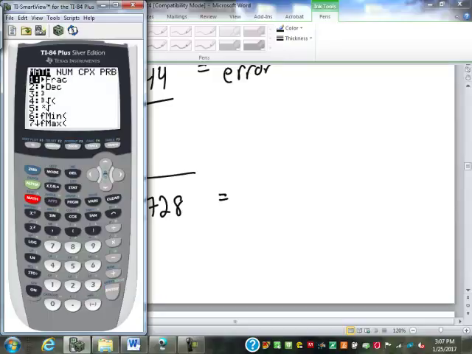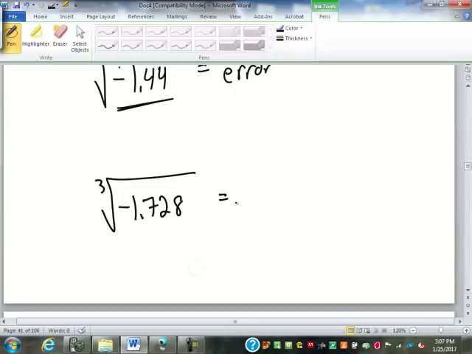My X root key is in one of my menus here, so I have to dig it out of the menu. So I have to do the third root of a negative 1.728. Oops, I put my decimal in there. Third root of negative 1.728 is a negative 1.2.